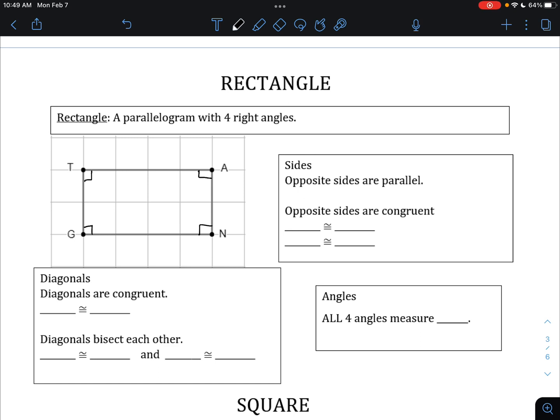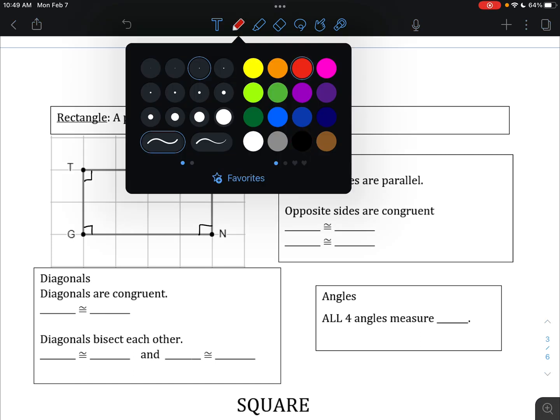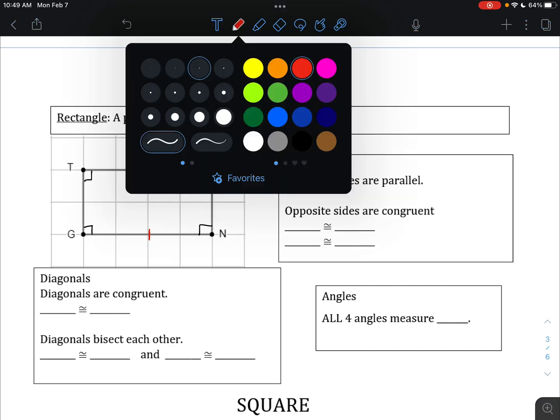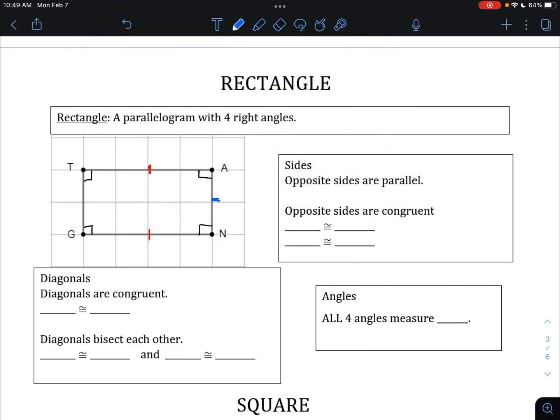So I need you to fill those in. I'm going to draw them on the diagram first, and then I'll write them down. Those sides are congruent, and those sides are congruent.